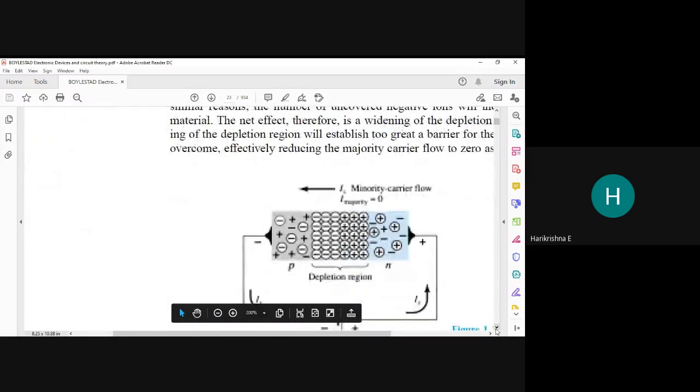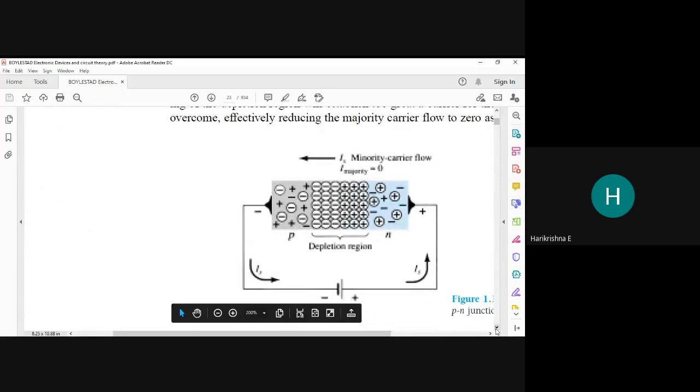Because the negative terminal is connected to the p-type, the majority charge carriers, holes, will be attracted towards the negative terminal of the battery. Electrons are majority charge carriers in the n-type semiconductor, which are attracted towards the positive terminal. So the width of the depletion region increases.